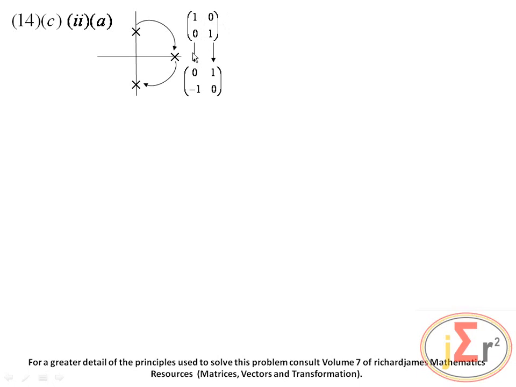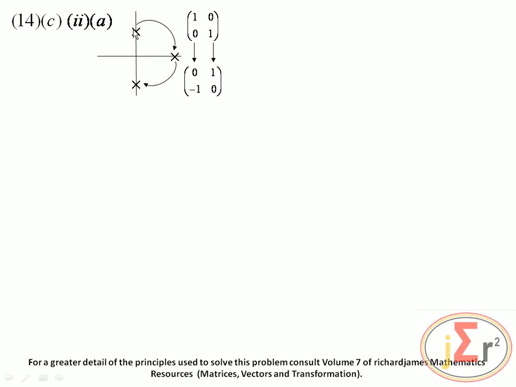So we say subject (1, 0), which is the first point, to a clockwise rotation by 90 degrees. So it will come down here, and this point will be (0, -1). (0, 1) is the point that is here.